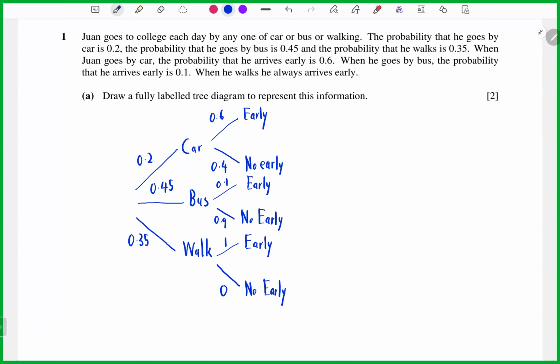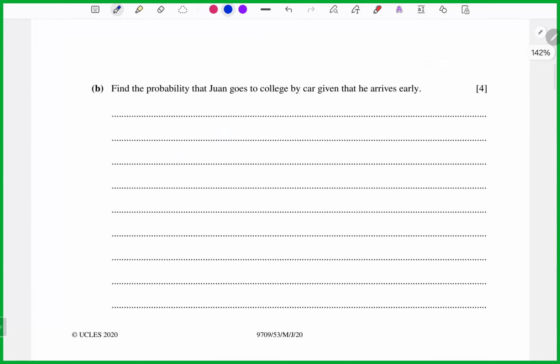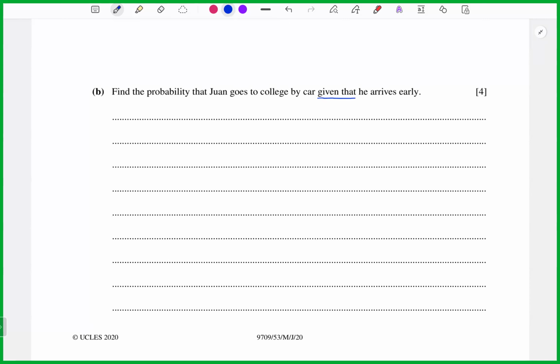Okay, so let's look at the next question, question b. Find the probability that Jones goes to the college by car given that he arrived early. The question says given that, so I need to use conditional probability. He arrived early, and the probability that Jones goes to college by car.